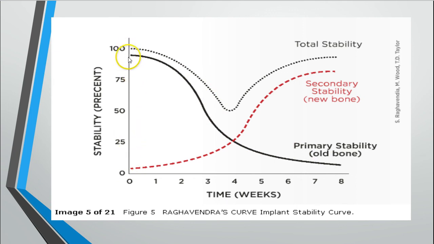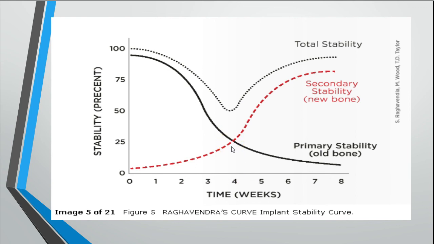When we initially place an implant, believe it or not, assume that's 100%. That's the most primary stability you're going to get. As time goes by, you actually lose that primary stability. As weeks go by, at week 4 approximately, it would be your weakest primary stability. Why is that?